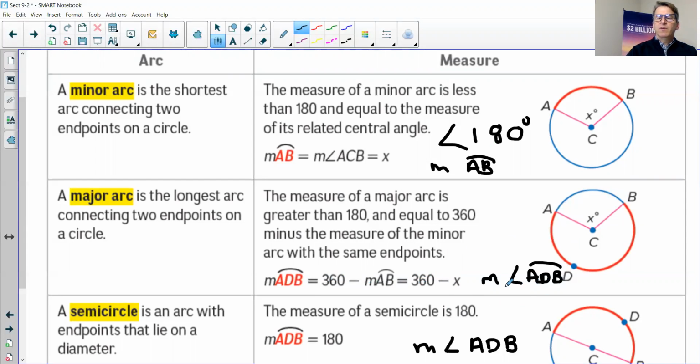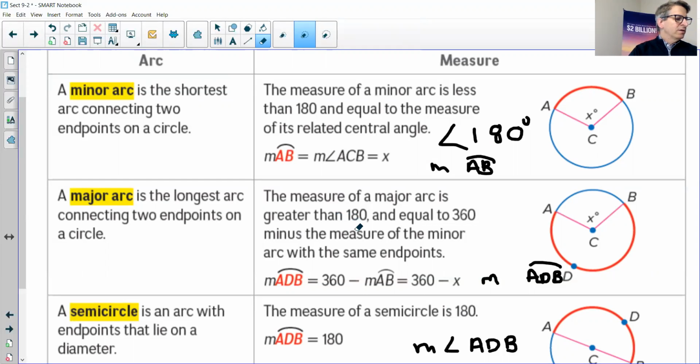It's the measure of arc ADB, so that's considered a major arc. You want to think of that as anything that's going to be greater than 180.